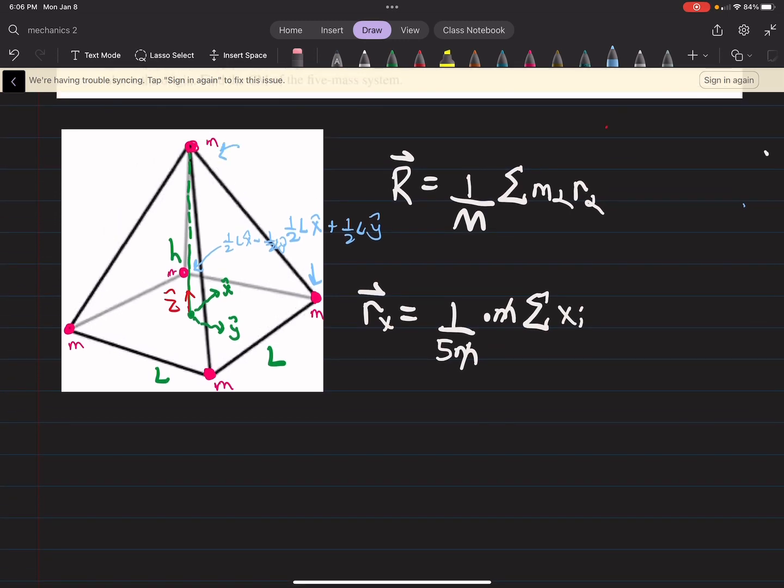This one would be h z hat. This one would be minus 1/2 L x hat plus 1/2 L y hat. And this one we have minus 1/2 L x hat minus 1/2 L y hat. So those are the coordinates of our different point masses.